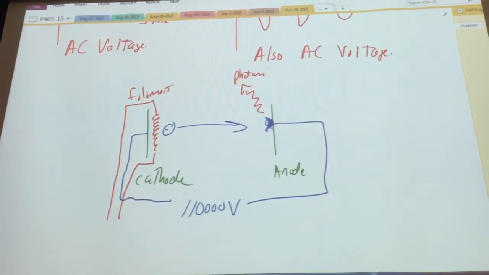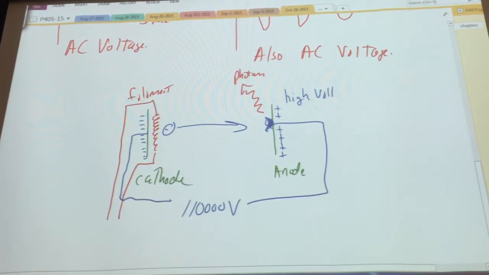And so in order to make this happen, this has to be very positive, and this side is very negative. So this will always be our high voltage, and this will be our low voltage. And electrons move from low voltage to high voltage.